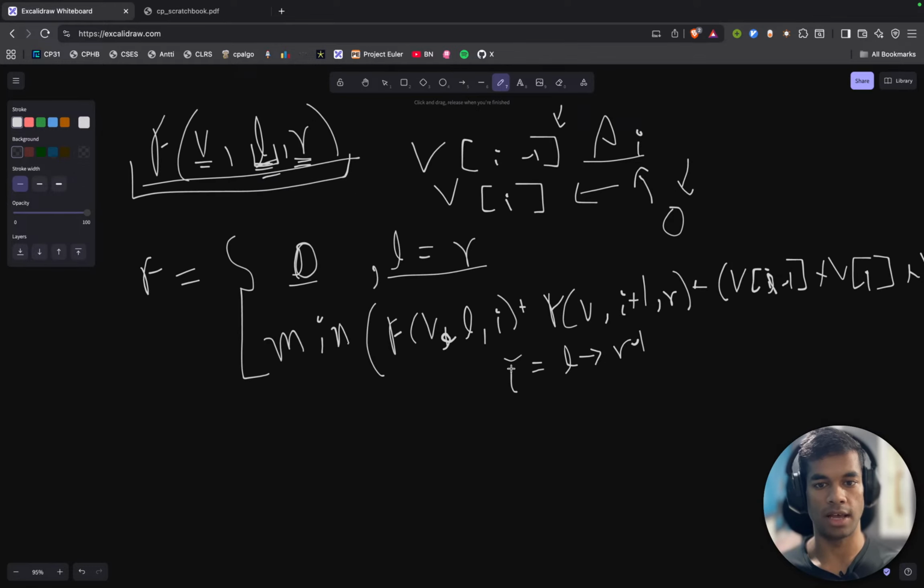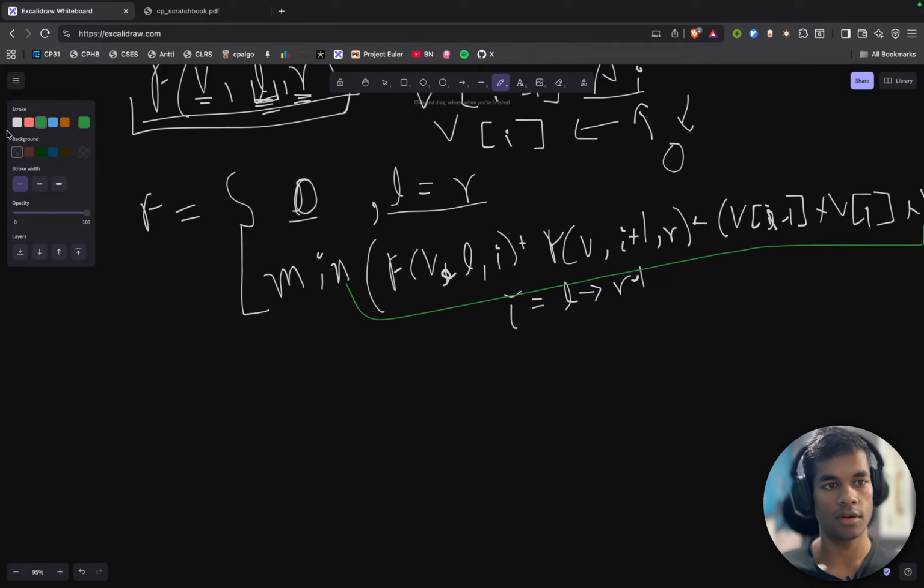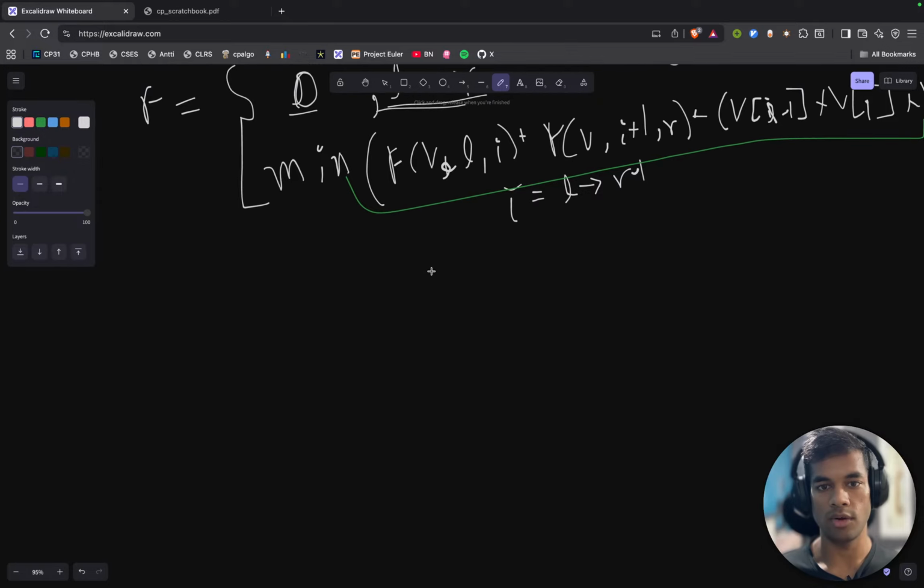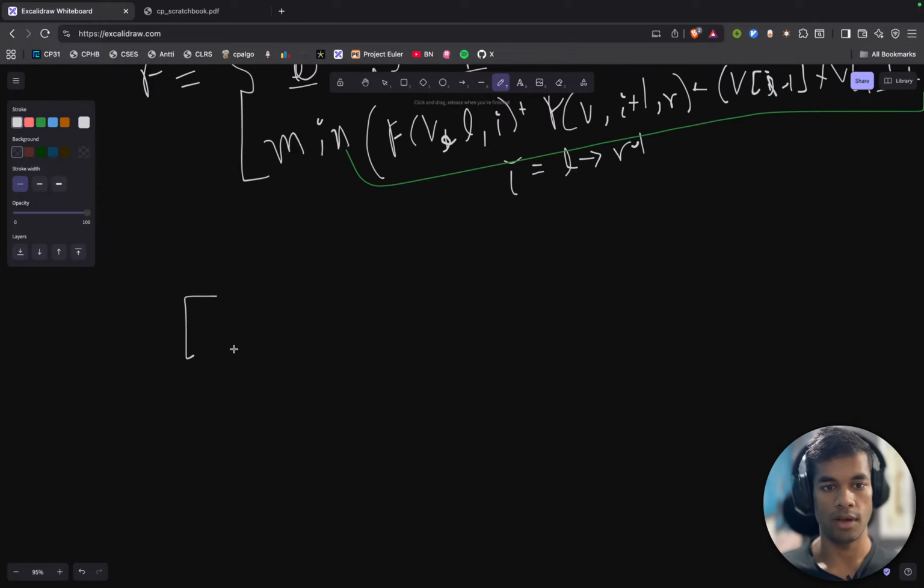Yep. And what is this part? What the heck is this thing? Since our l is not equal to r, it would mean we have some matrices A[l], A[l+1], dot dot dot till A[r]. We have a bunch of matrices.